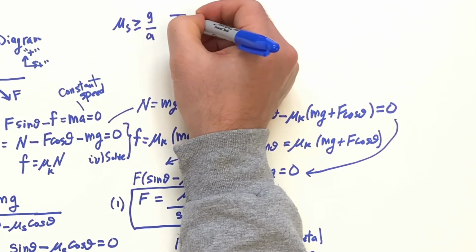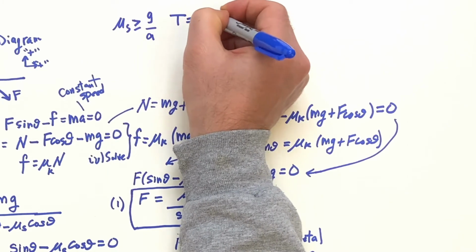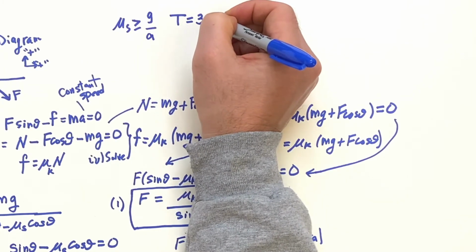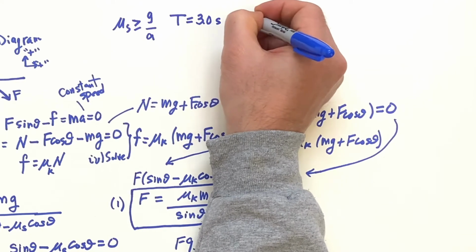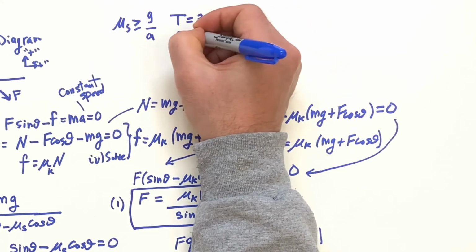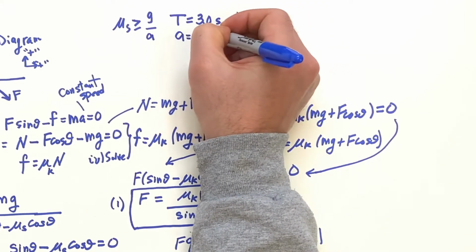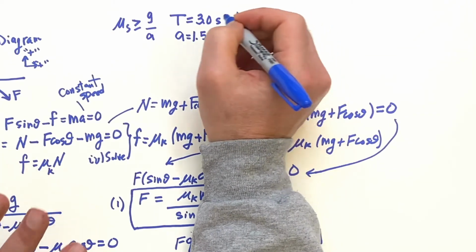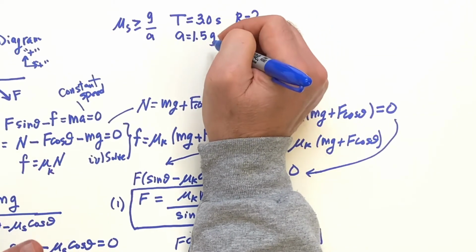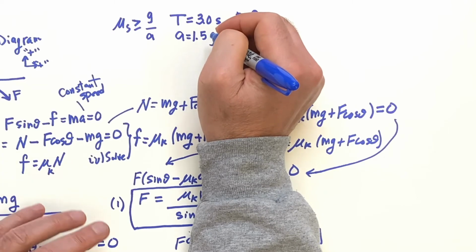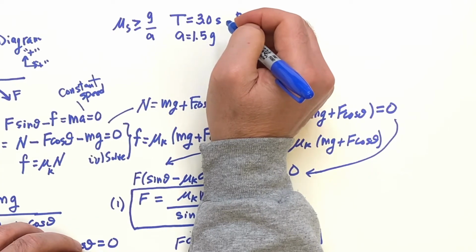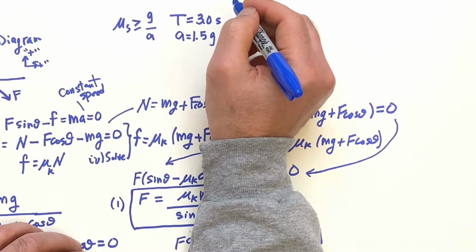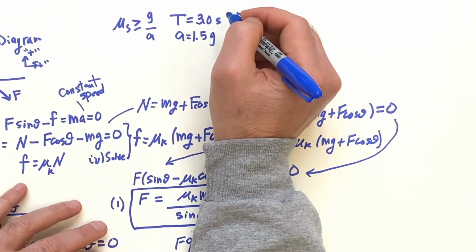The time it goes around, it takes a good 3 seconds to go around, and see what kind of R I need, with the condition that I'm only going to have 1.5G. So I'm trying to design this in a way you don't get too dizzy and you don't experience high G forces. And we can do tests and put people in there to see how they do, the little research.